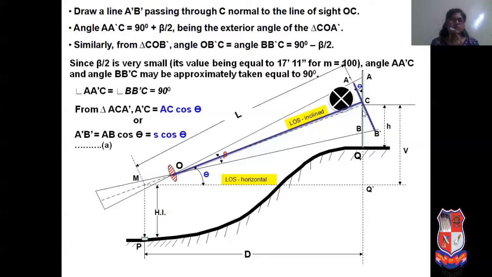As well, A dash B dash is making angle theta with AB line. That's why A dash B dash is equal to AB cos theta, and AB is the staff intercept. That's why A dash B dash is equal to S cos theta. We will use this equation in further derivation.